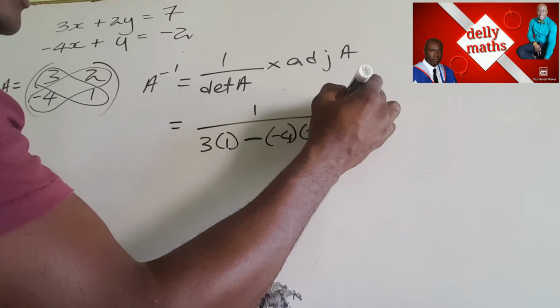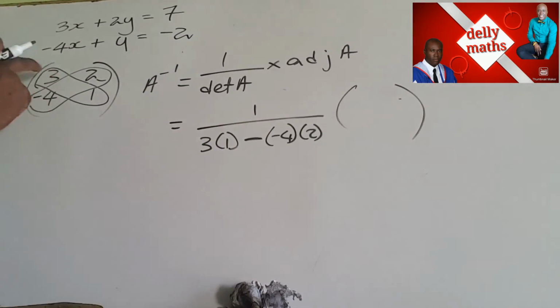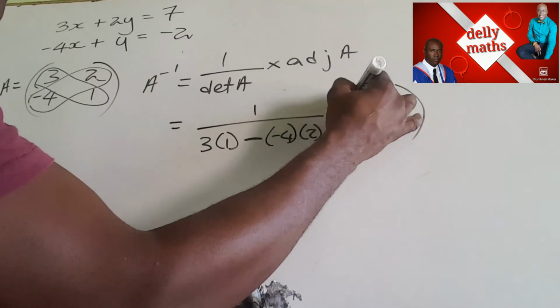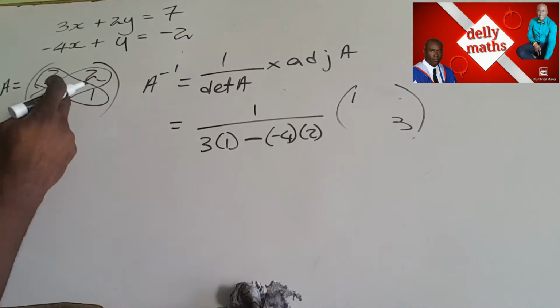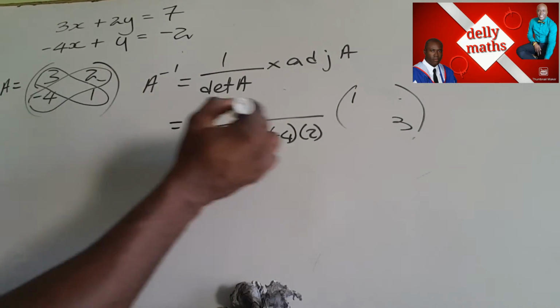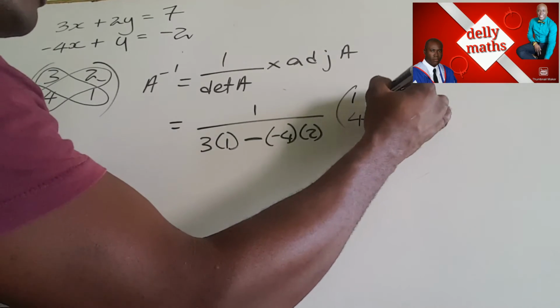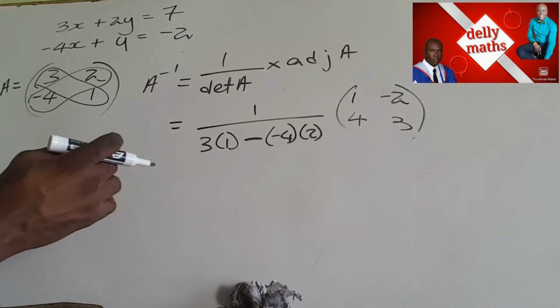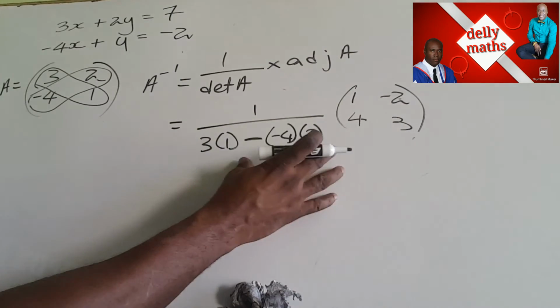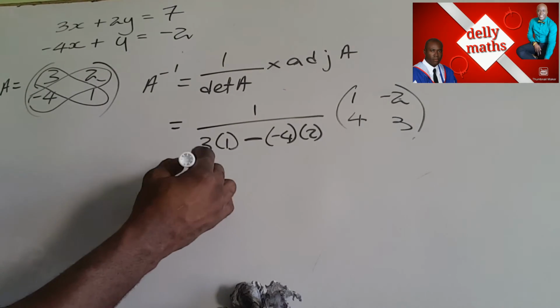And then the adjoint is simply switching the elements of the main diagonal, so I have a 1 and a 3, and then I change the signs of the others. So this is a positive 2, 4, and a negative 2.